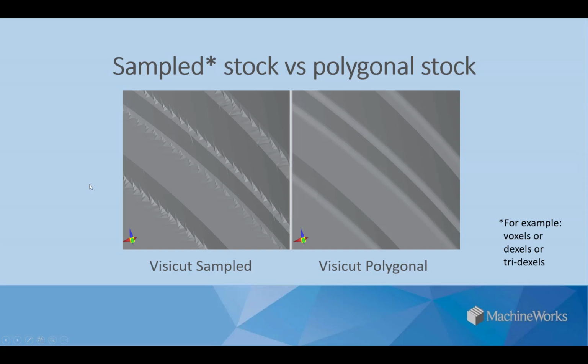And I've not taken this as a contrived model. It's a real model that somebody gave us. So it's by no means designed to make the sampled code look bad. It's just what you get if you use sample technologies. People have put a lot of effort into mitigating it and avoiding it and hiding it, but the bottom line is it's a feature of that kind of technology.